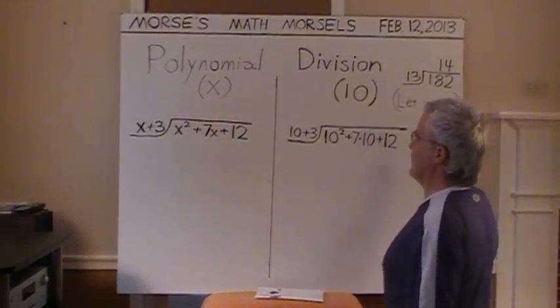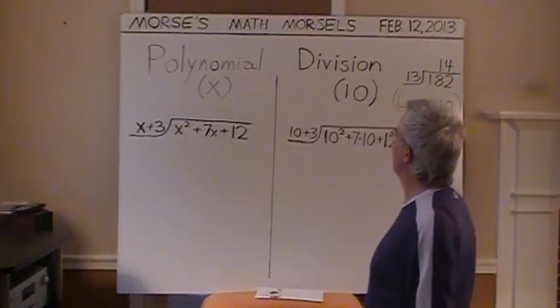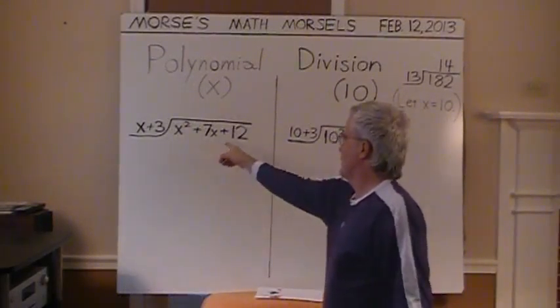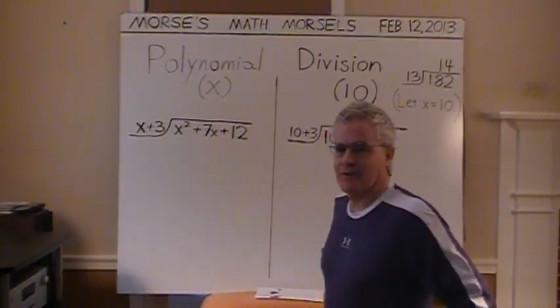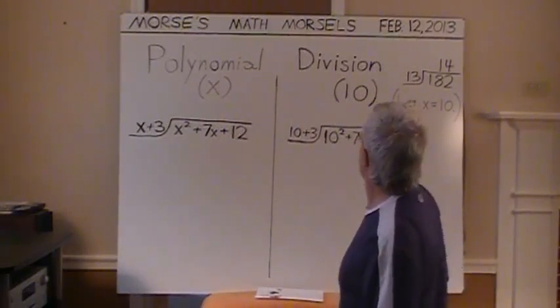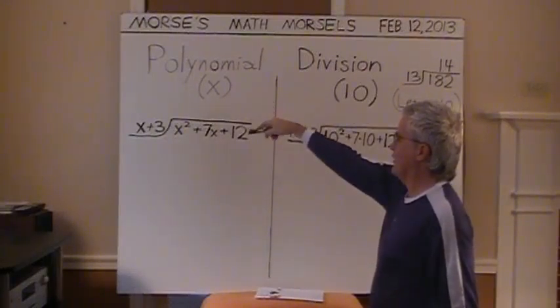And this is among everyone's favorite topics in basic algebra, polynomial division, or the division of some polynomial by some other polynomial. And I just love this stuff. So, here is an example of one polynomial being divided by another.